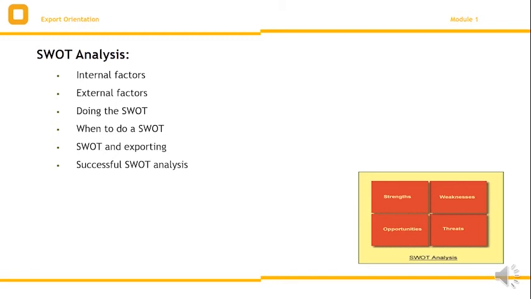Always analyze your business in relation to your competitors, so always make a comparison of your business to your competitors. And lastly, keep your SWOT analysis short and simple. Make sure that you can understand your SWOT analysis.